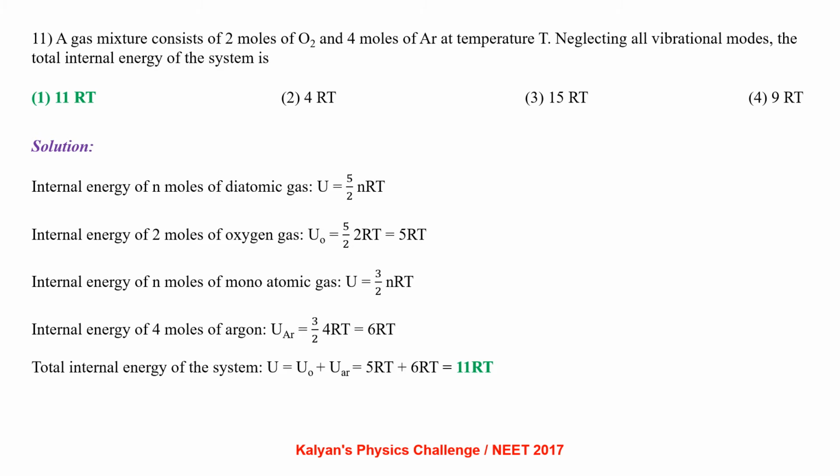Then a monoatomic gas will have 3 degrees of freedom, so its internal energy is given by 3 by 2 nRT. 4 moles of argon gas is there, so the total internal energy is 6 RT. So the final internal energy of the system is the internal energy of oxygen gas plus argon gas, that comes out to be 11 RT.